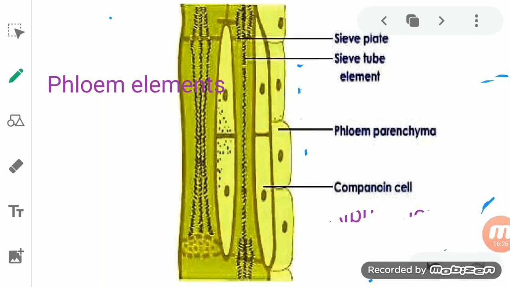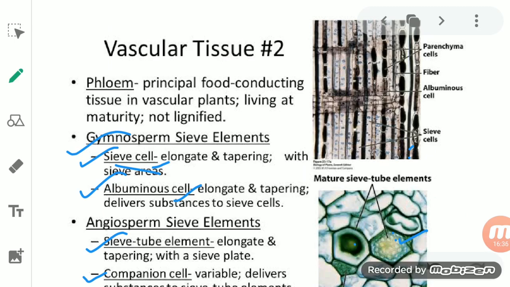Now if we talk about the next one, that is bast fiber or the phloem fiber. So the phloem fiber, as you see in the term fiber, means it is made of sclerenchymatous cells. As we studied in the xylem fiber also, that was also a sclerenchymatous cell.